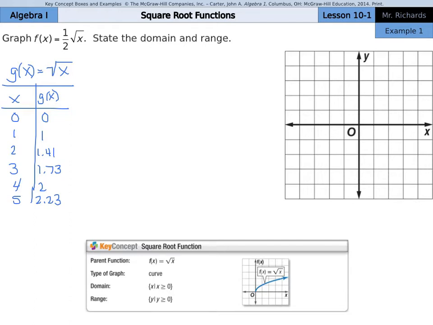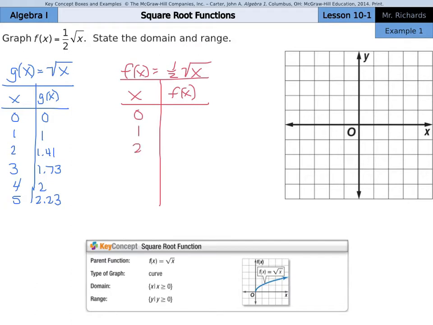Now, let's look at f of x equals 1/2 times the square root of x. And so we'll look at x and f of x. And we'll still look at 0, 1, 2, 3, 4, and 5. Well, you put in 0, you get 0 times 1/2 is still 0.